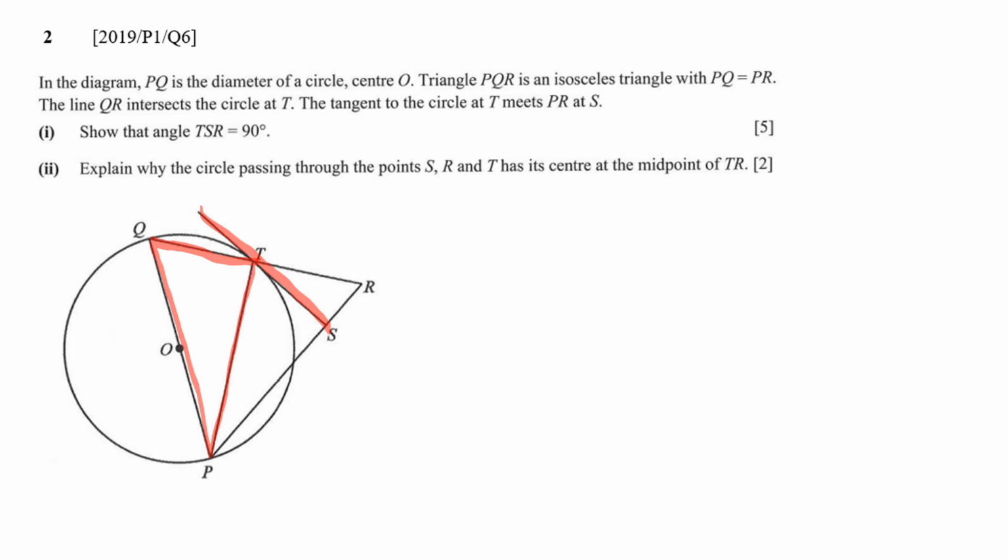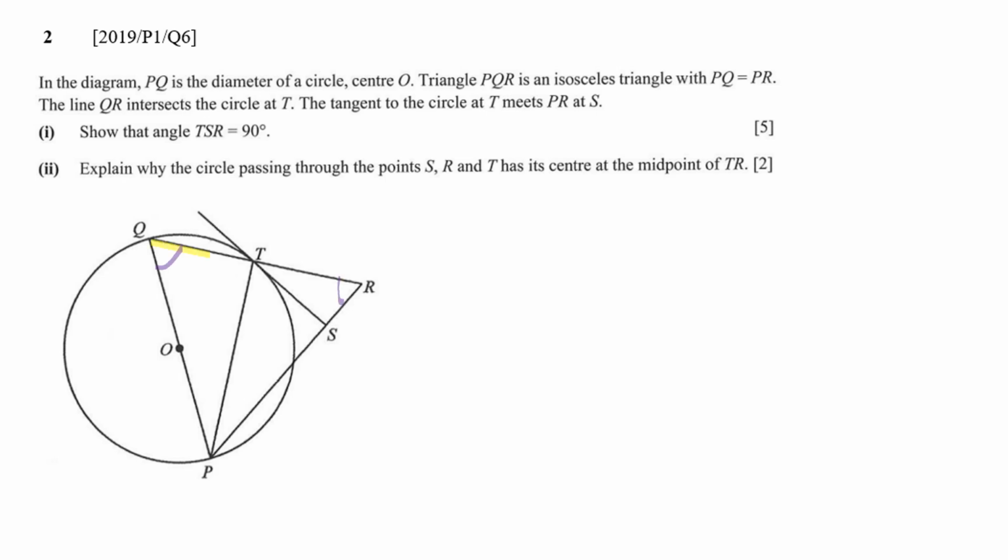That is one thing we can use. Another thing is that if you examine the diagram carefully, this is our diameter, because O is the center of the circle, so PQ is our diameter. So we can say this is 90 using angle in the semicircle equals 90. These are the two things we need to take note of. And of course, another one is what we mentioned just now: these two angles are the same.